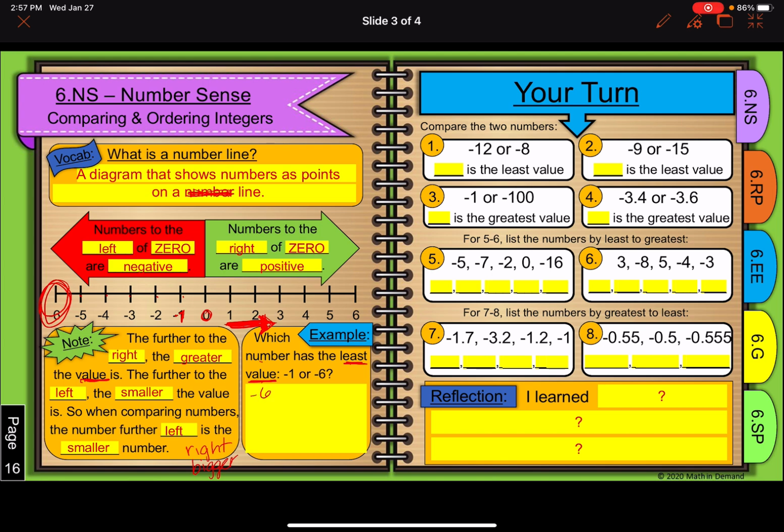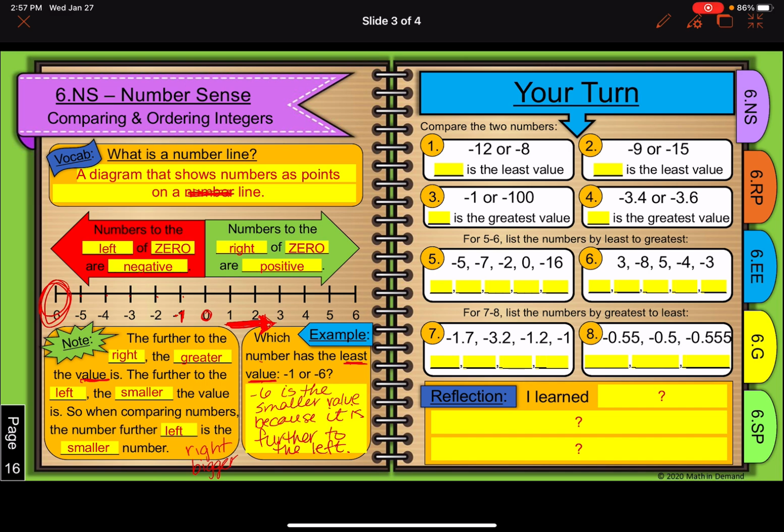So -6 is the smaller value because it is further to the left.